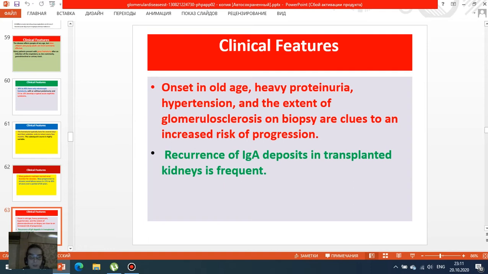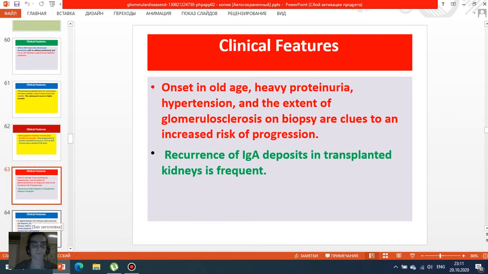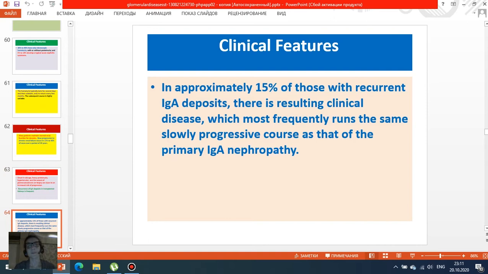Recurrence of immunoglobulin A deposits in transplanted kidneys is frequent. In approximately 50% of those with recurrent IgA deposits, there is a resulting clinical disease, which most frequently runs the same slowly progressive course as that of the primary immunoglobulin A nephropathy.